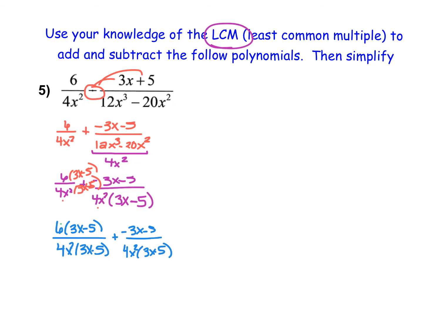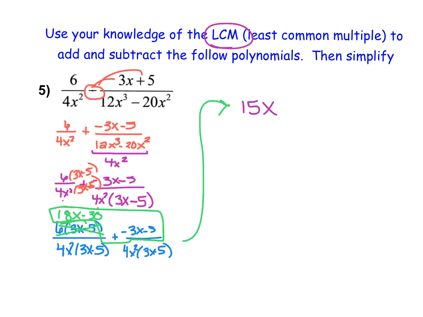So now I can distribute out this 6, so I get 18x minus 30. So that's what's left in my numerator. And now, because I have common denominators, I can now add my numerators together and combine like terms as I do so. So 18x and negative 3x become 15x. And then negative 30 and negative 5 become a negative 45.